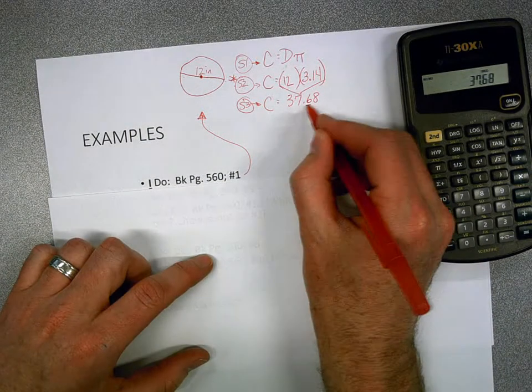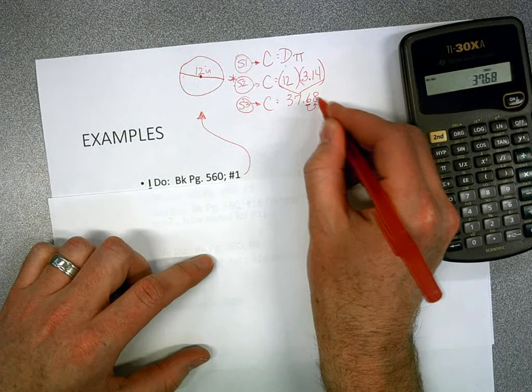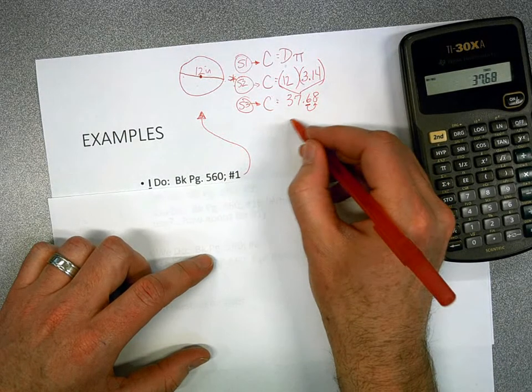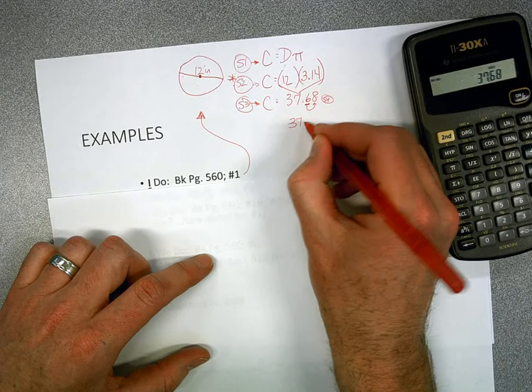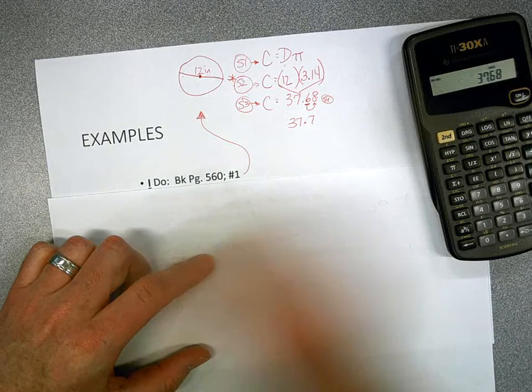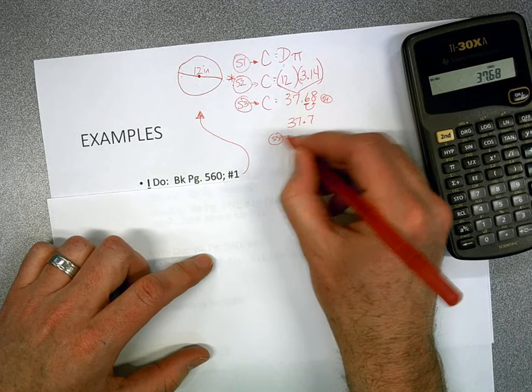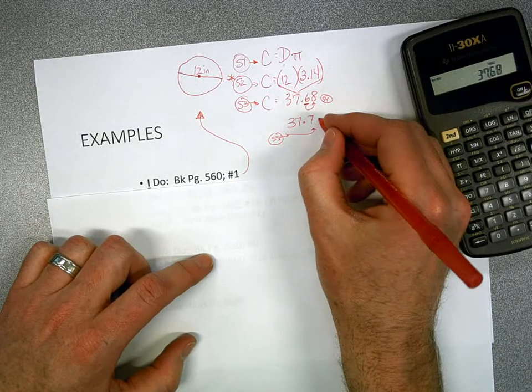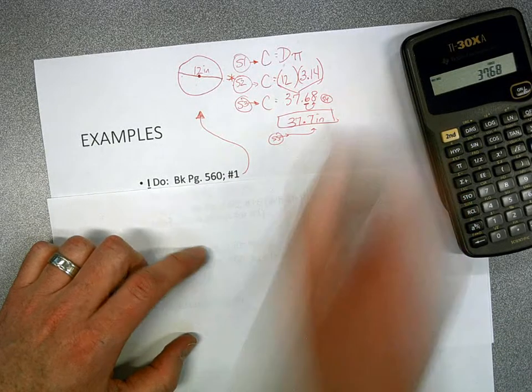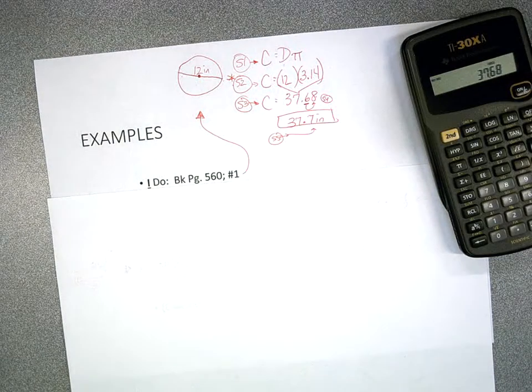The tenth is right there, so the 8 is going to make the 6 go up. We'll call this step 4: 37.7. If you call this step 5, don't forget to put your units on there. It's in inches. So 37 and 7/10 inches long.